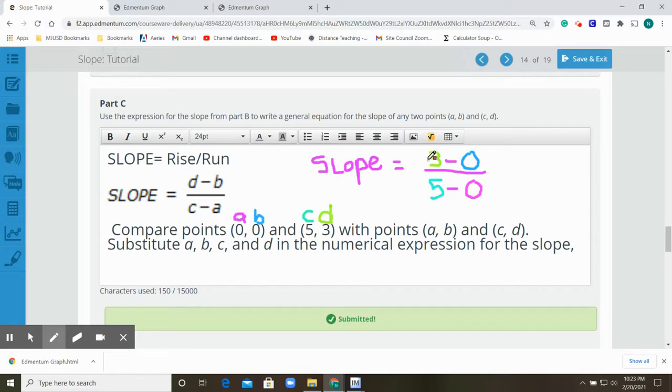To make this clear, I did what it said: substitute A, B, C, and D in the numerical expression for the slope. So color coding helped me.